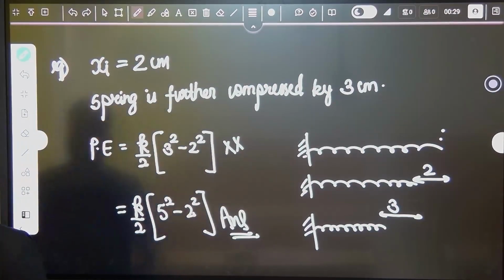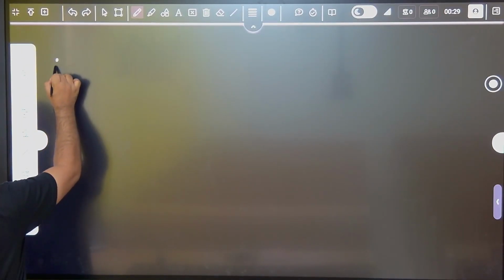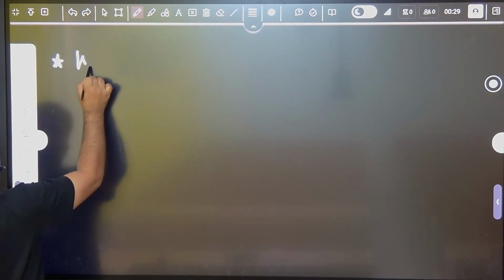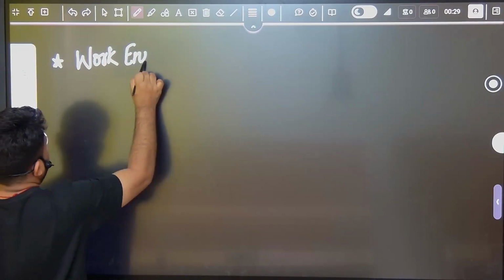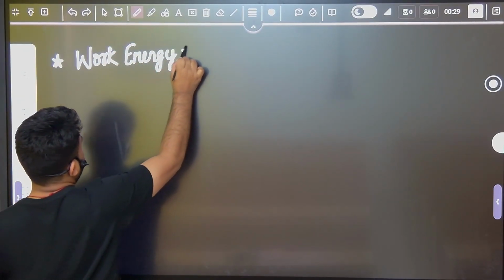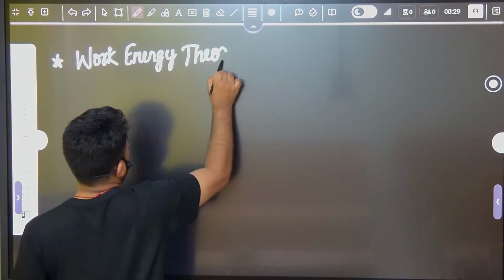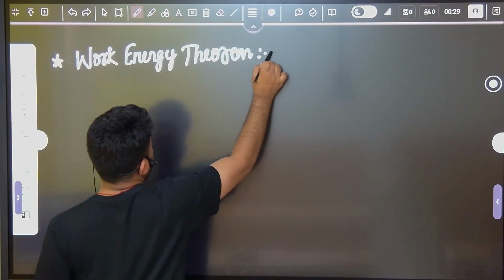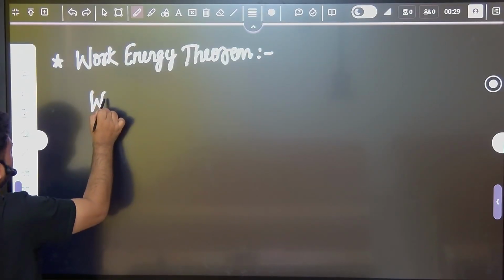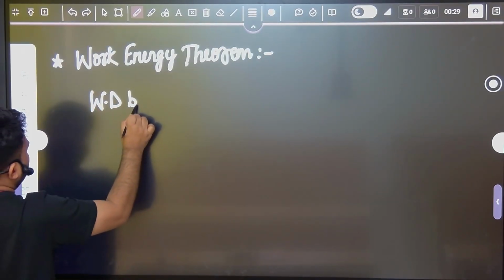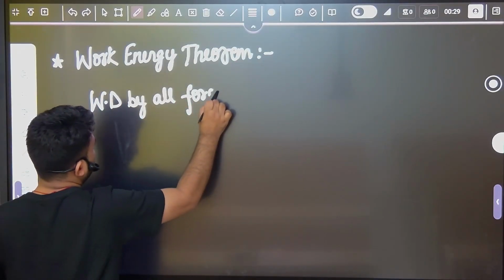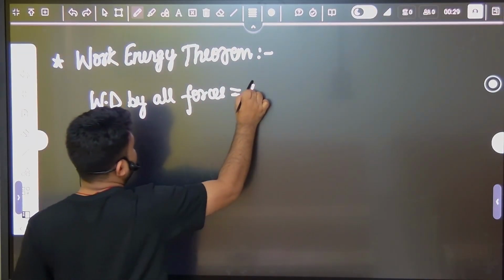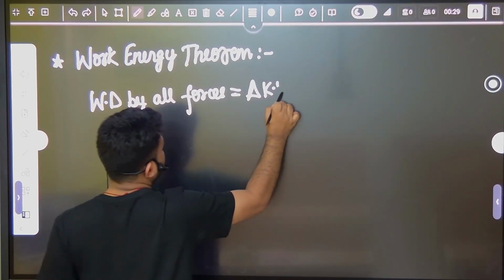Now, okay. See, the work energy theorem, which is the backbone of this chapter. Work energy theorem. What does it say? It says that work done by all the forces is equal to change in kinetic energy of the system.